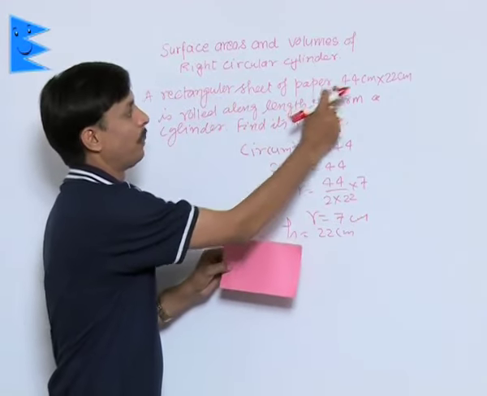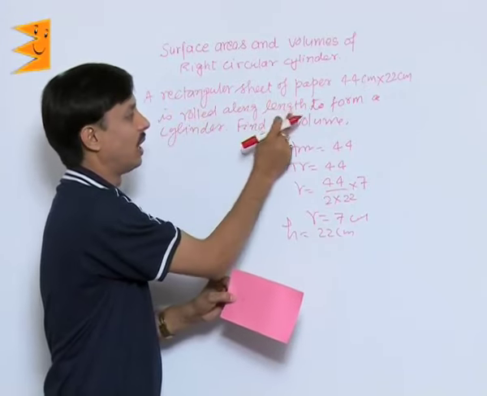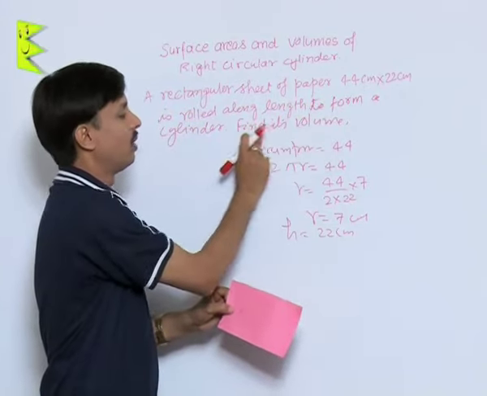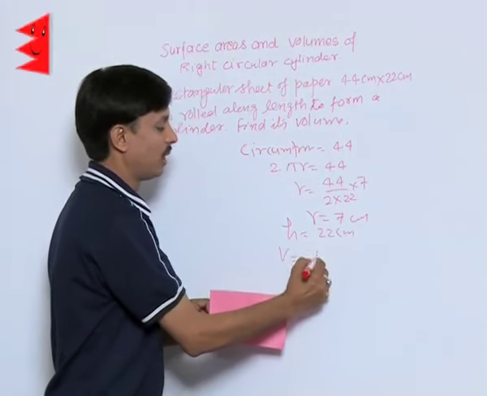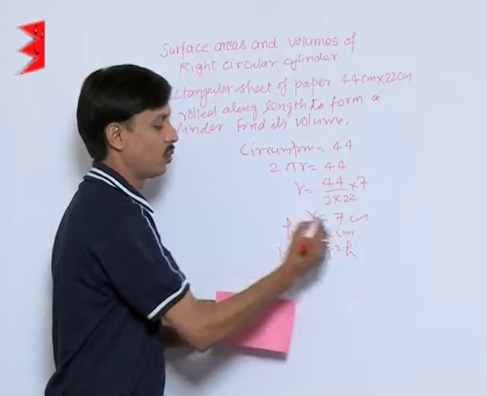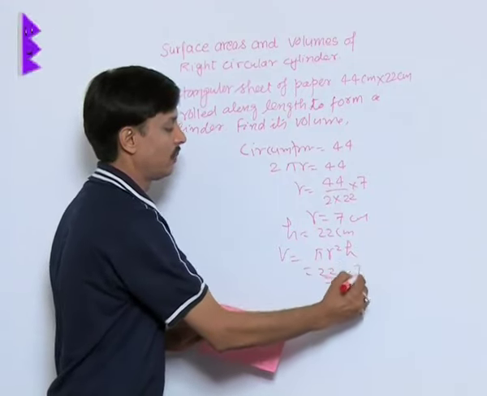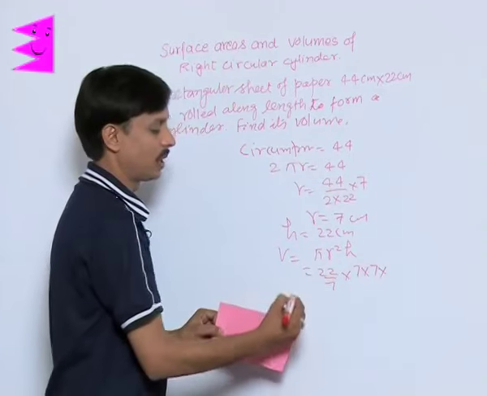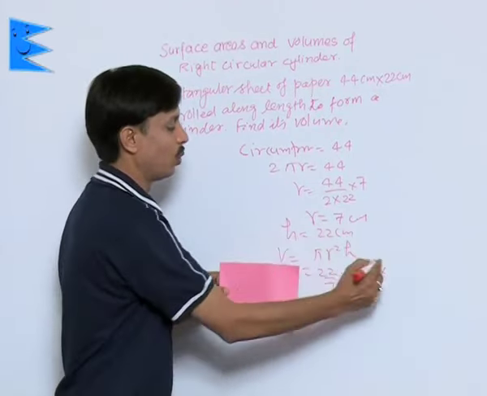A rectangular sheet of paper 44 centimeter long, 22 centimeter wide is rolled along the length to form a cylinder. Find its volume. Volume of a cylinder is given by pi r square h. That is pi means 22 by 7, r square means 7 by 7 into height. Height is 22.